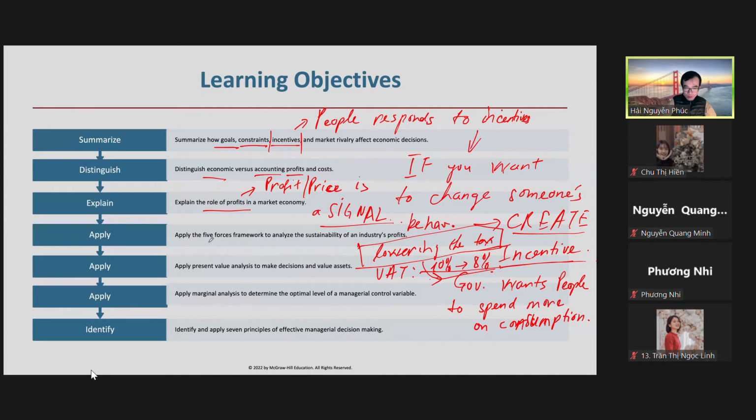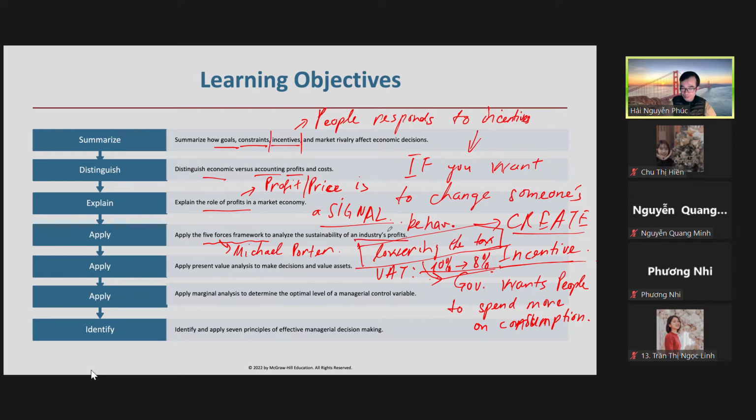The fourth point is we're going to take a look at a model. It is called the 5 forces framework, which is proposed by Michael Porter, a quite well-known economist. Using this framework, we are going to analyze the industry's profit.